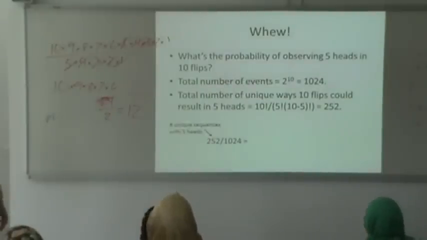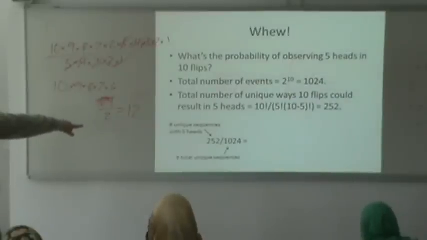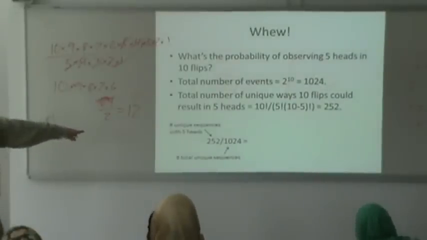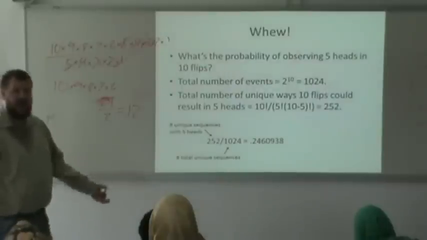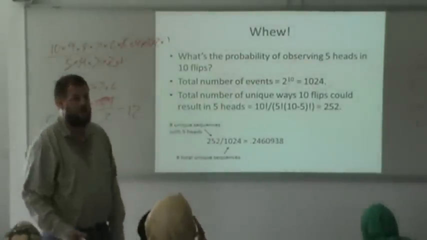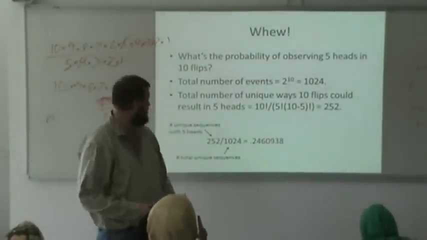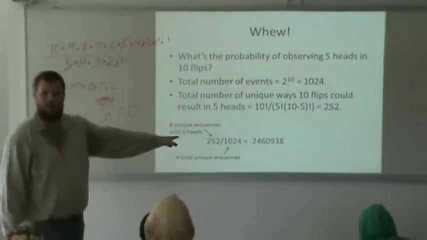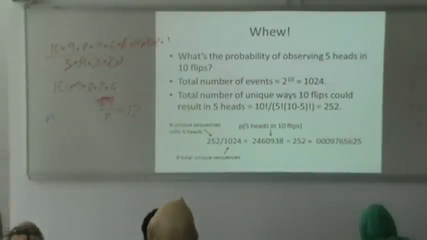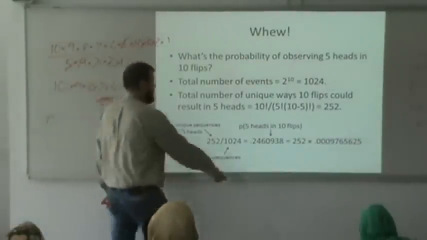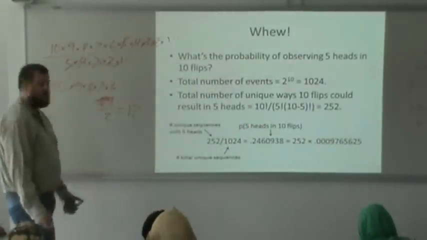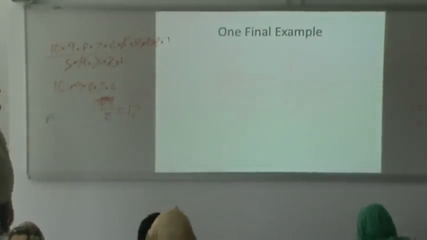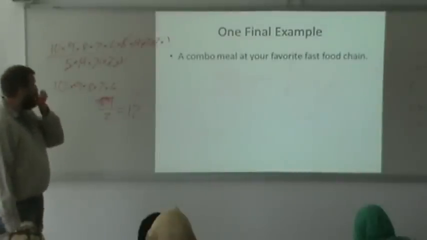So we do that with the unique sequences with 5 heads over the total number of unique sequences that there are. That gives us 0.24. So the probability of observing 5 heads in a series of 10 flips is almost 1/4. If we do it the other way, 252 times the probability that we came up with earlier, we get the same answer.